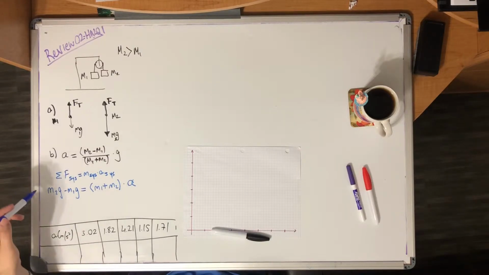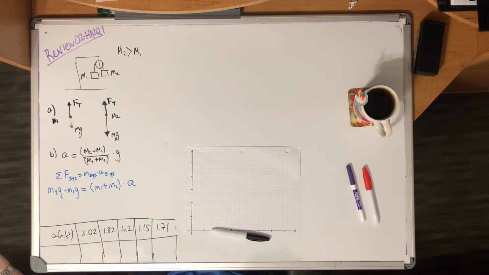For systems, every part of the system has the same acceleration because one cannot go faster than the other. Think about you're in a bus. The person in the front is going to have the same acceleration as the one in the back. So it doesn't matter which one is ahead, which one is behind. They all are going to have the same acceleration.